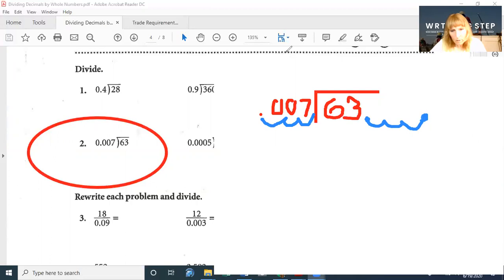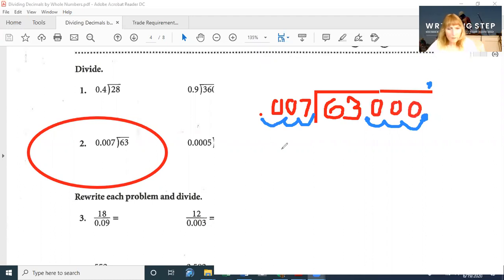I'm going to extend my line a little bit here to get a little more room. And I'm going to put my decimal back up right here. And I have to fill in my blank spaces with, you guessed it, 0. I have to fill in with a 0, and another 0, and another 0.